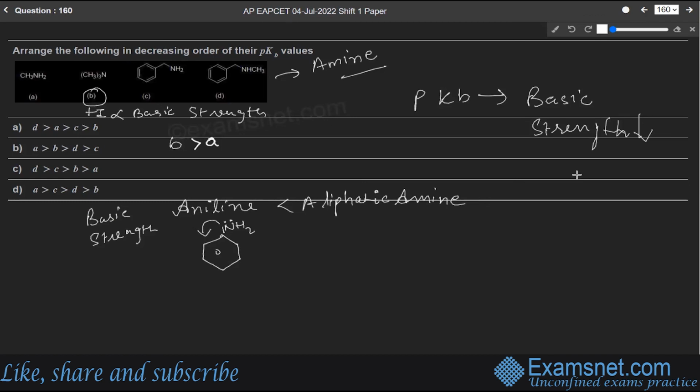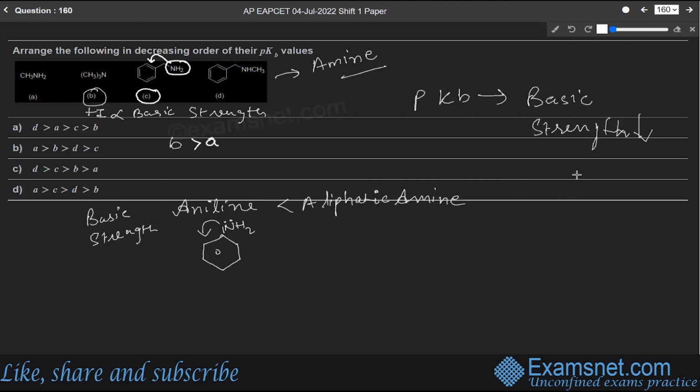And now let's look between C and D. Which would have higher basic order? Obviously, C would have higher basic order because this lone pair cannot go into conjugation. This lone pair cannot be delocalized in the ring, because the nitrogen is not directly attached to the ring.